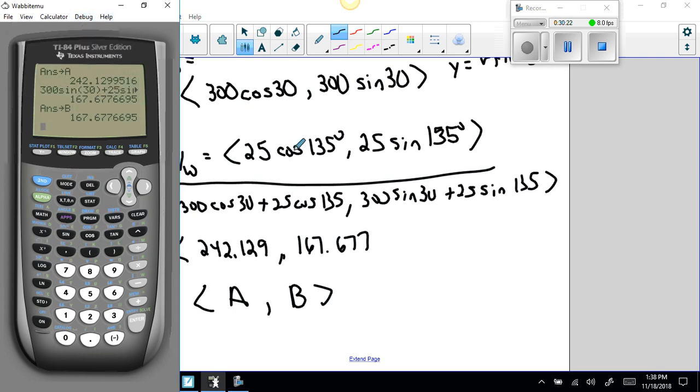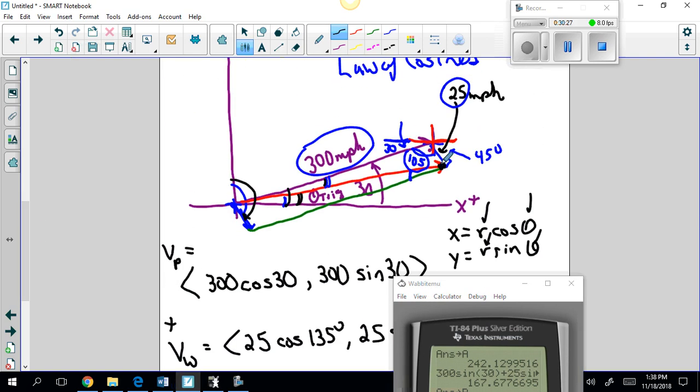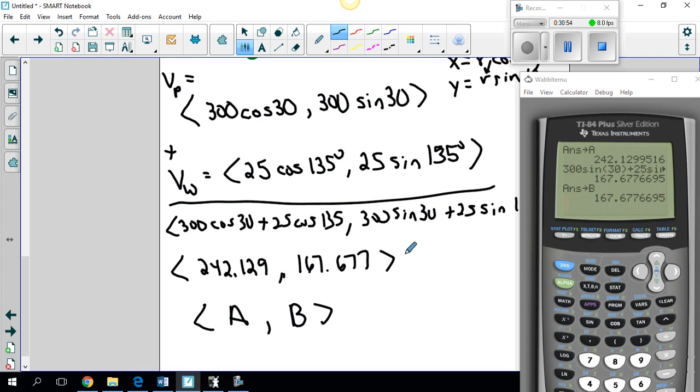I don't know if you realize it or not, but we just found this point right here. We found that to be 242.13, and this number is 167.67. Now you could use the Pythagorean theorem to find this length, but it doesn't matter because, by laws of vectors, we call this the resultant vector.